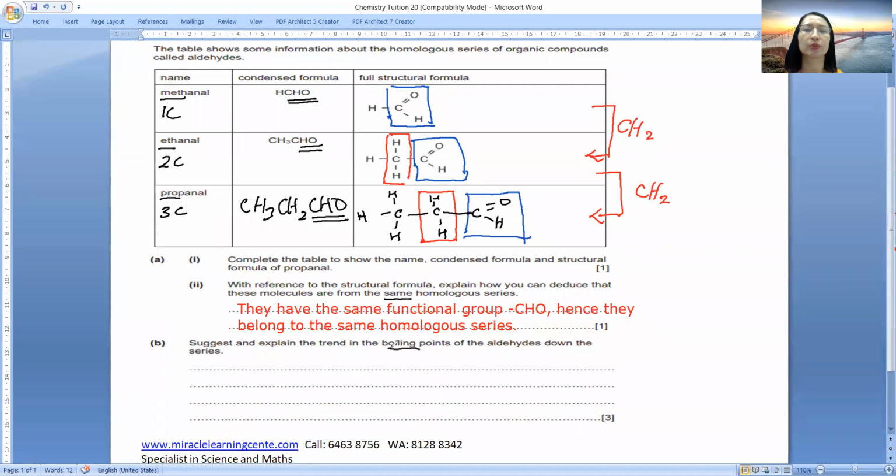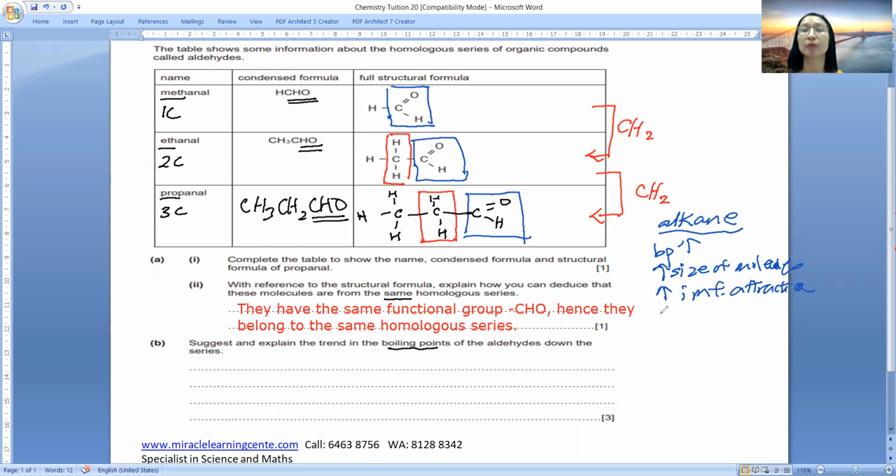Don't be worried. This is actually the same as the trend in your alkane homologous series and your alkene homologous series. In the alkane homologous series, you know that the boiling point increases down the homologous series, right? Because there is an increase in the size of the molecules, there are more intermolecular forces of attraction.